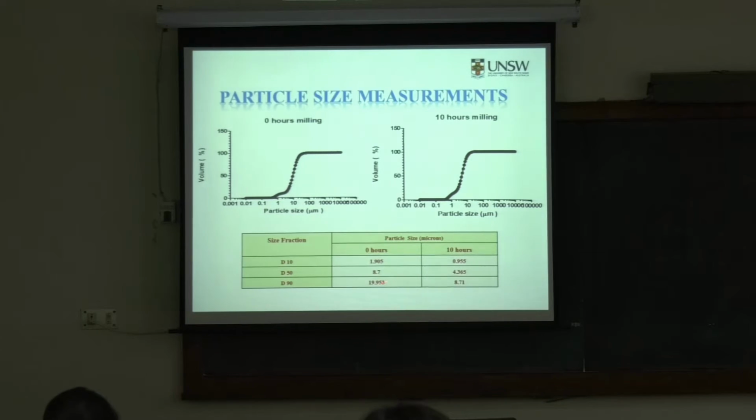What is the 10% fraction? What is the 50% fraction? What is the 90% fraction? So this is not the straightforward particle size. This is the fraction of the material. After 10 hours, you can see that everything comes down by a factor of 2. That means the surface area goes up by a factor of about 4. All right? So that gives you more bonding areas.